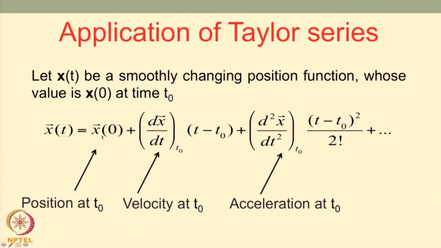X at any time t can be written in terms of position at t equal to 0, velocity and acceleration. You see, this will turn out to be the Newton's equation that we all learned in school. So using this idea from mathematics, Newton's equation will naturally emerge. The only assumption here is that beyond acceleration all derivatives are 0, then this will be precisely the Newton's equation. So the position at any point just emerges from this simple mathematical idea.